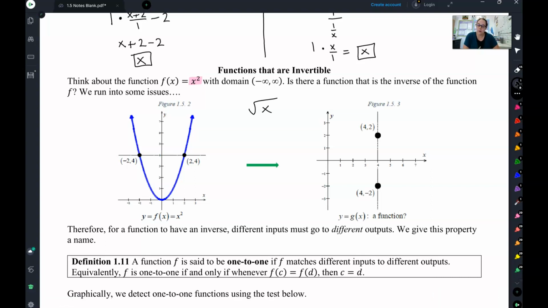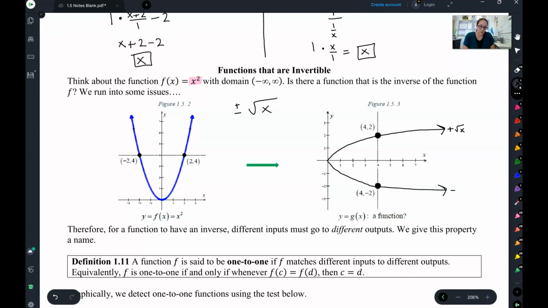Now, however, don't forget every time you have a square root, you have a plus or a minus. So the positive square root of x would be this. That's your positive square root of x. Your negative square root of x would be this. That's the negative part of it. You could also think of it as a reflection down.